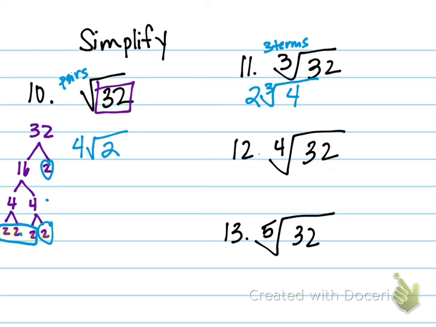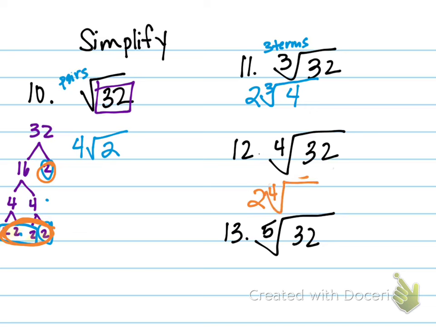Then if I were doing the 4th root of 32, now I'm going to look for a group of 4. Okay, here is a group of 4, which leaves me with one single 2. So it would be 2 4th root of 2. That looks kind of funny.